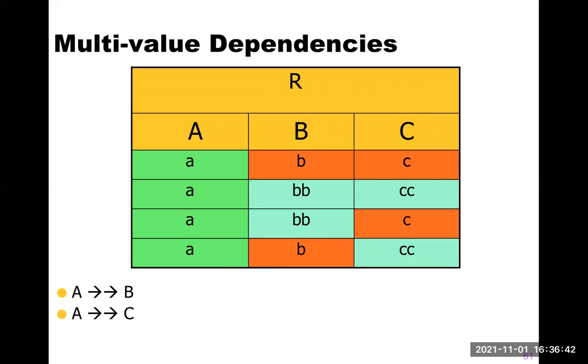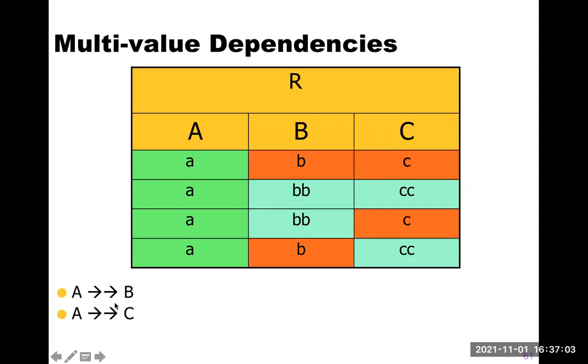In a table I can meet such a situation where I have a key, but that's not a key. It has multiple duplicates essentially. So in multi-value dependencies, that's not essentially a key. That's just the left part of some dependency.